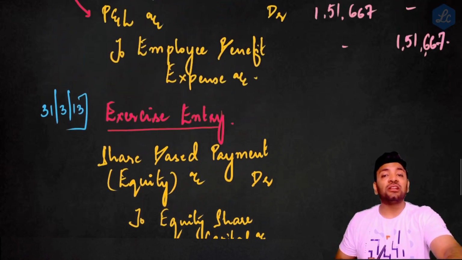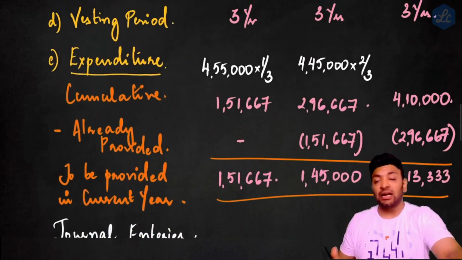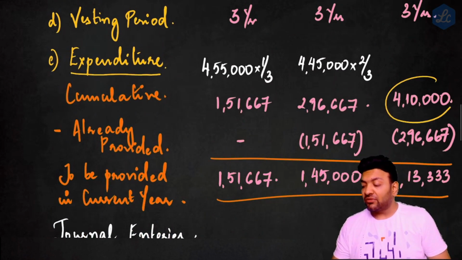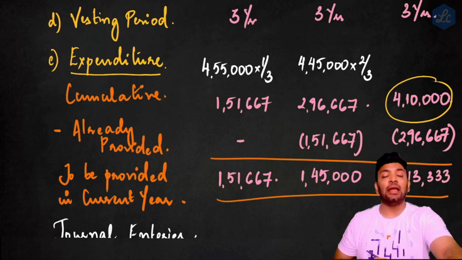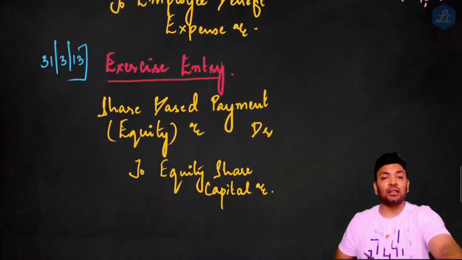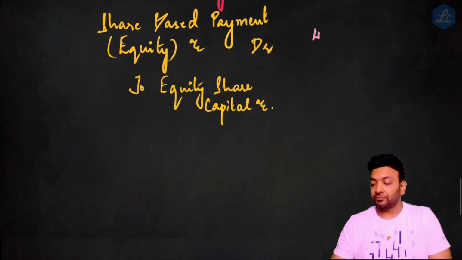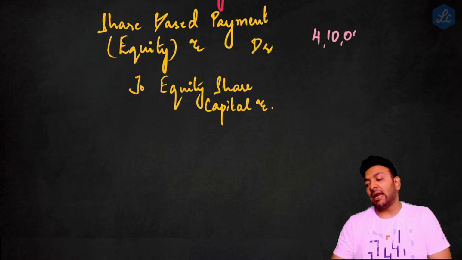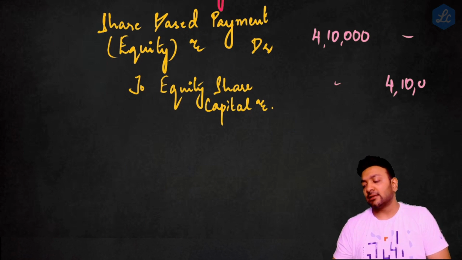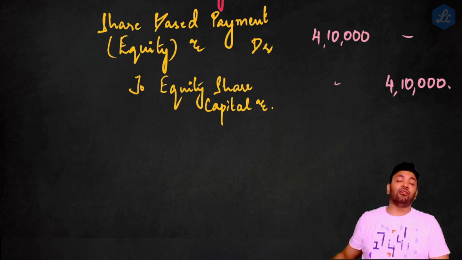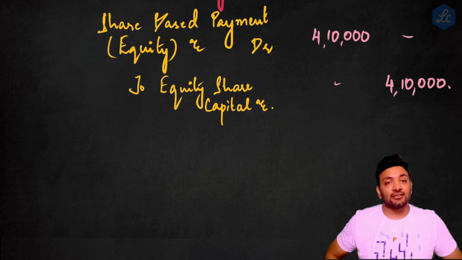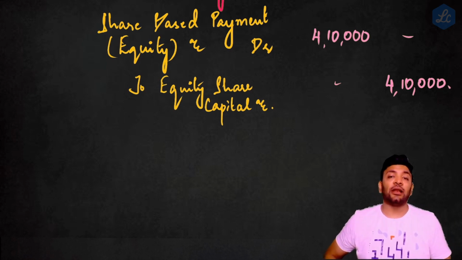Look at the amount of reserve that you have created towards the end of third year. The total cumulative reserve which I have created here is only 4,10,000, not the entire 5 lakhs. To that extent, equity shares will be allotted to the employees when the shares will vest. That will be the last entry to be recorded.